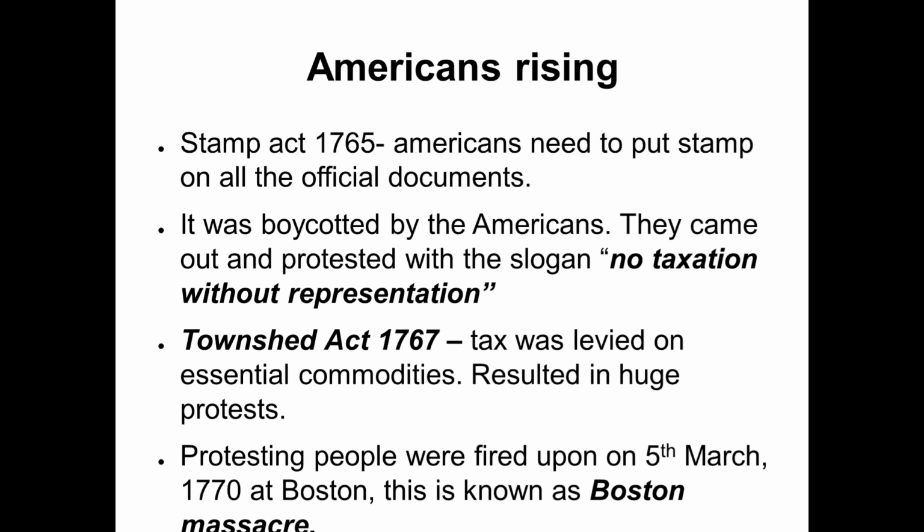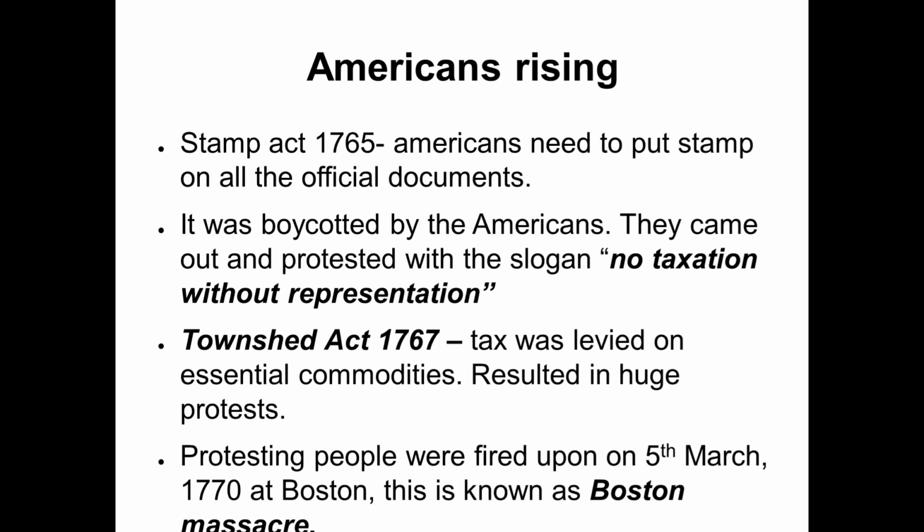Americans are also saying that we will not give tax until we get representation, which means until we get to form the government. Now, the Townshend Act was passed in 1767 and tax was levied on essential commodities.